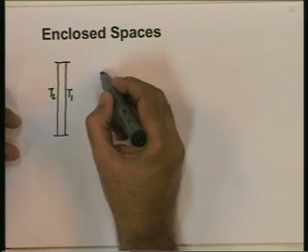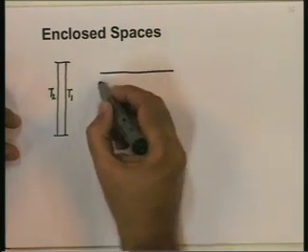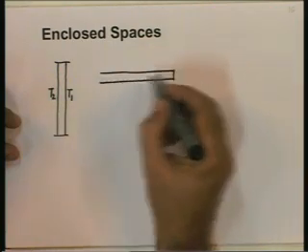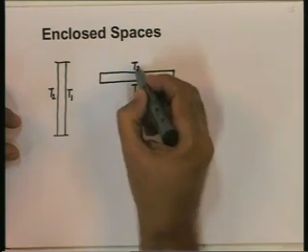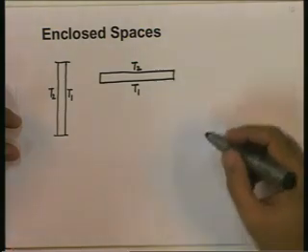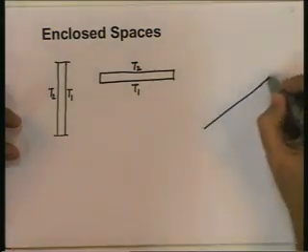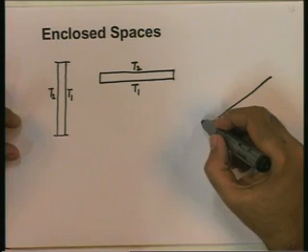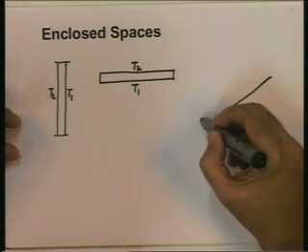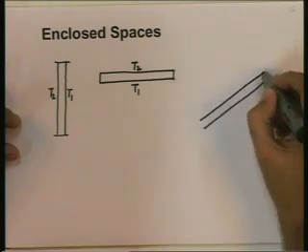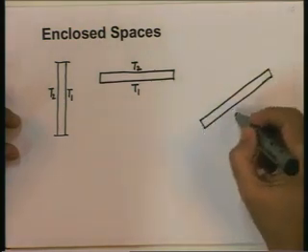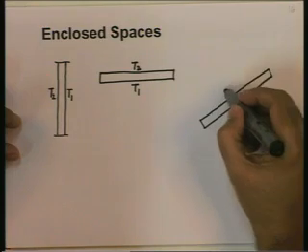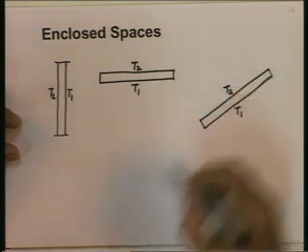Sometimes they occur in horizontal situations, T1, T2. In solar collectors, we have a hot plate which absorbs radiation, and there is a glass cover on top which suppresses convection. So, you have a gap, one surface is at T1, another surface is at T2.